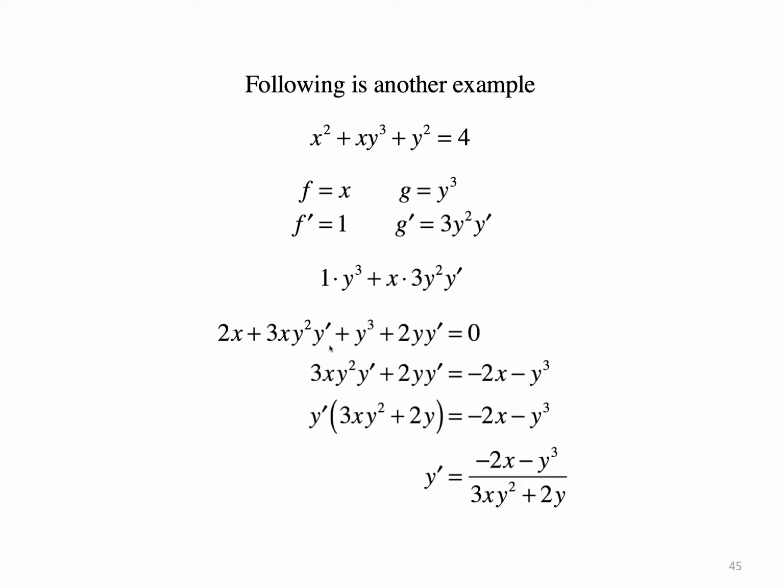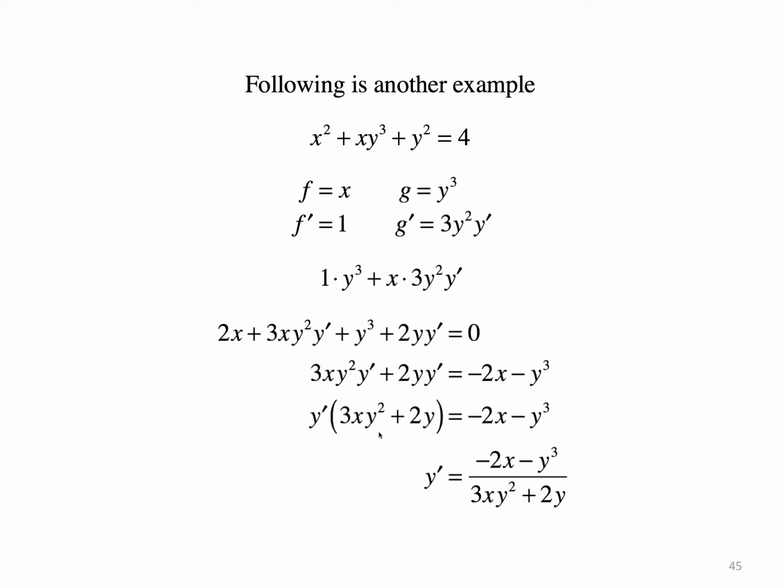The y prime is what we want to isolate. That's what we want to solve for. So I subtract the 2x and the y cubed from both sides, because the only terms that we want on this side are terms that have y prime in them. Then in the next step, I factor out the y prime. So what's left behind from this term is 3xy squared, and what's left behind from this term is 2y.